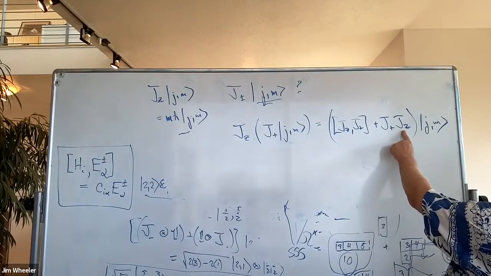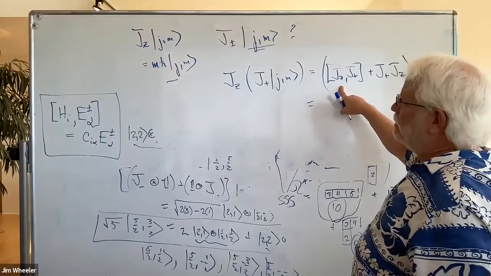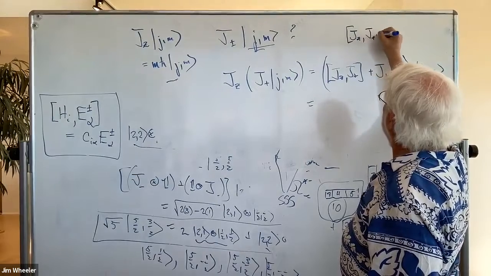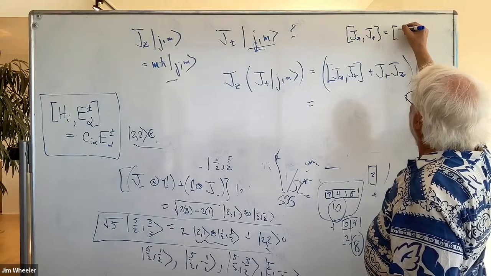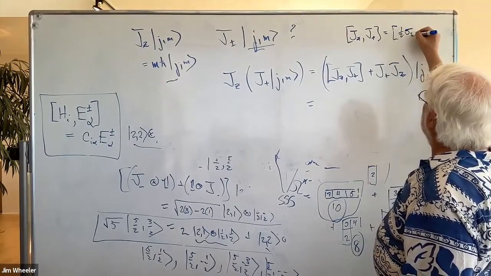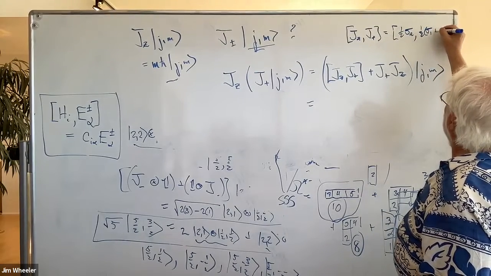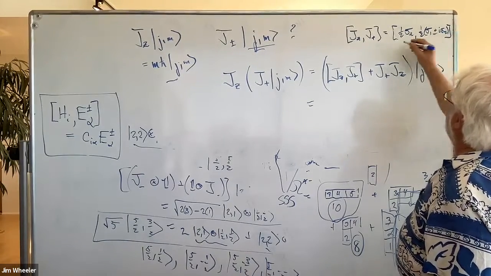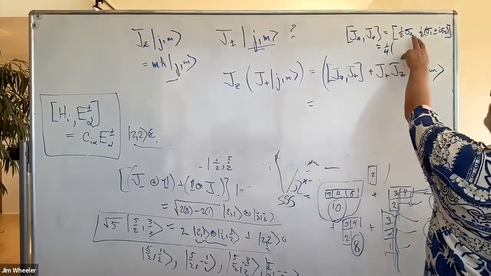Well, now we know how to let JZ act on JM. That just pulls out M. We know what this commutator is. This commutator, JZ with J plus, well, that's really h bar over 2, but I said we'd skip it. Let's just call it a half sigma Z with a half sigma 1 plus i sigma 2. I'm not sure if my halves are right here, but let's suppose, okay.